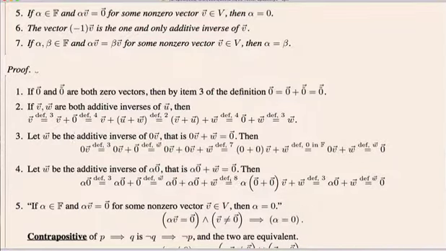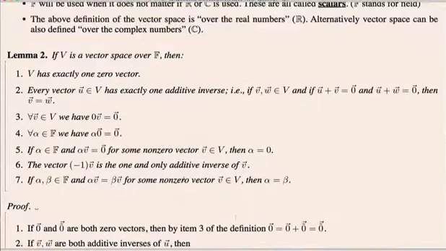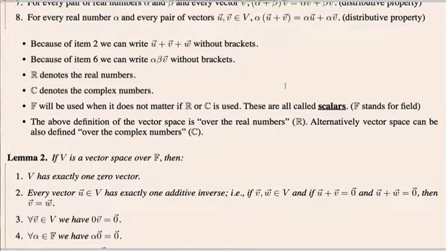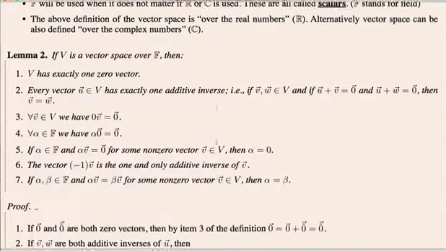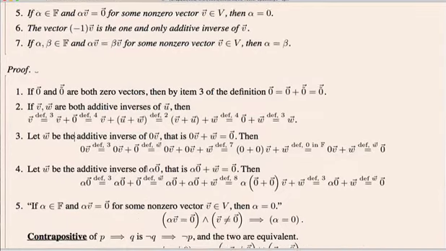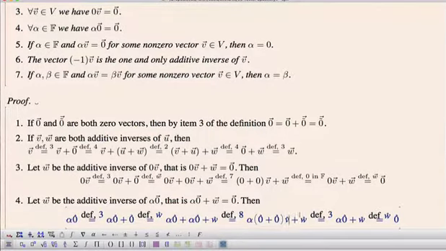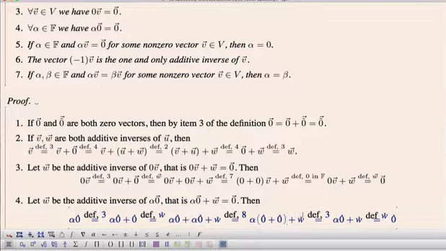Then we use from the definition property 8 that says that from vector addition we can factor out common scalars. So here we factor out alpha and you get 0 vector plus 0 vector, and that shouldn't be there, this v.